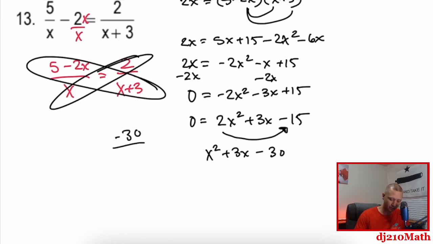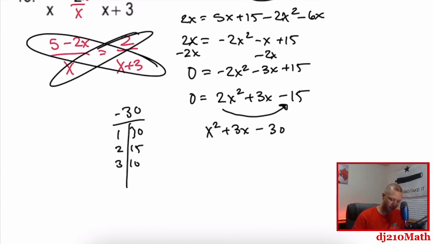So negative 30, what two numbers add up to 3 or somehow make a 3? Not 4 and 15. 5 and 6.